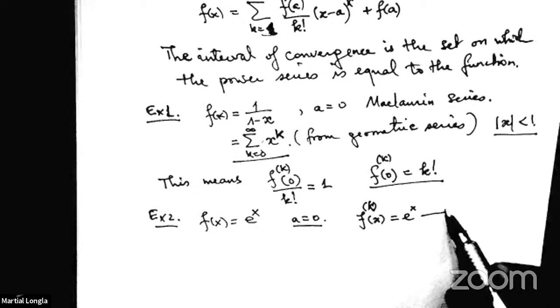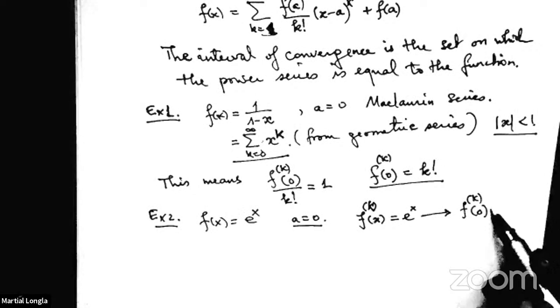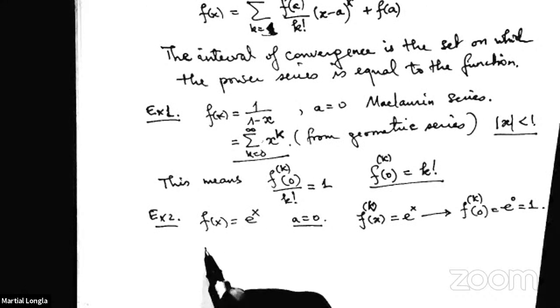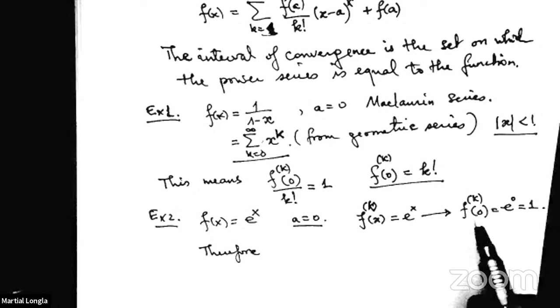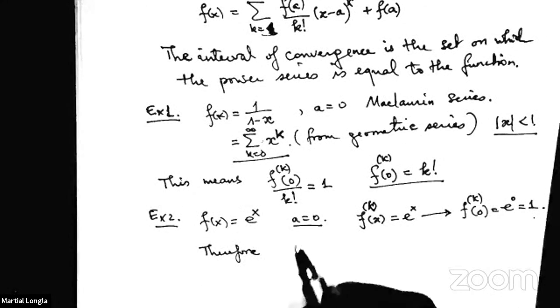And therefore, the kth derivative at 0 is going to be e to the 0 equals 1 for all of them. Therefore, this is one of the exercises that you must be able to solve for your next test. Be able to take a function, get the derivatives, get a formula for the kth derivative at a point, and plug into this formula to get the Taylor series.